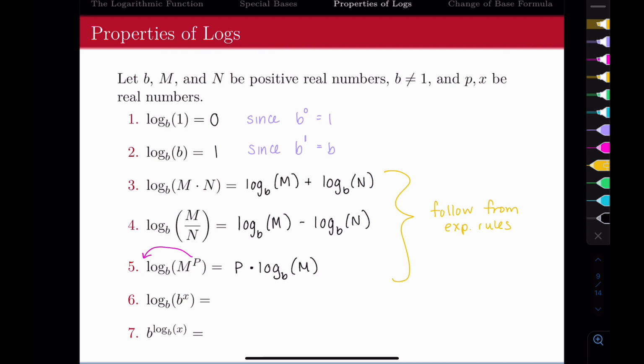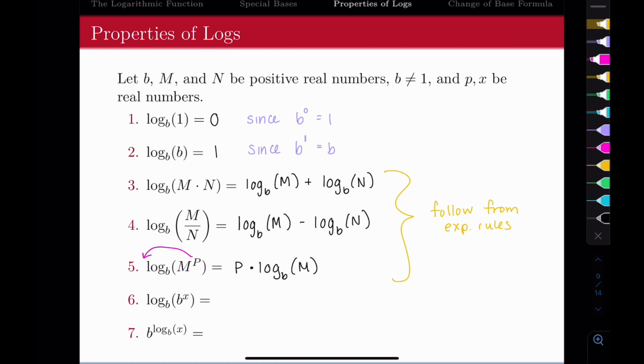The next two are going to follow from the fact that the functions are inverses of each other. So if you think of taking the cube root of x cubed, it cancels and gives you x. And then in the same way, if I cube the cube root, they cancel and give us x. So when I'm dealing with my log and exponentials evaluated at each other, because they're inverses, they're going to cancel.